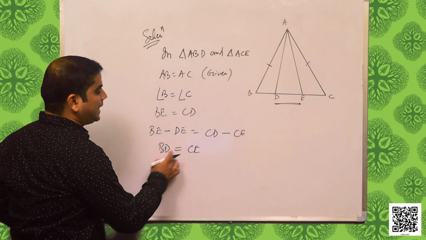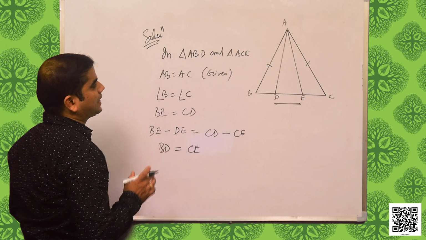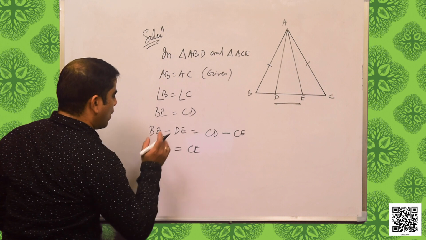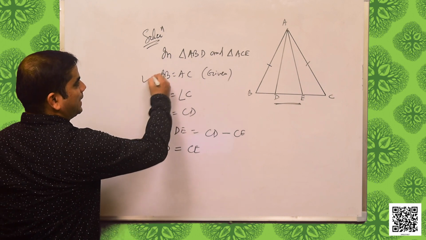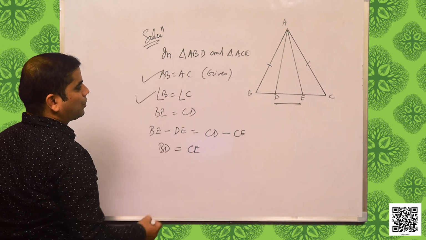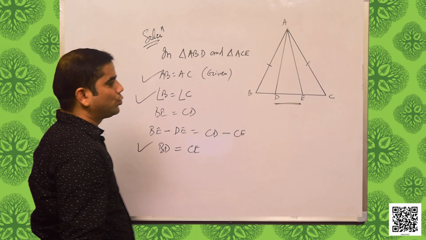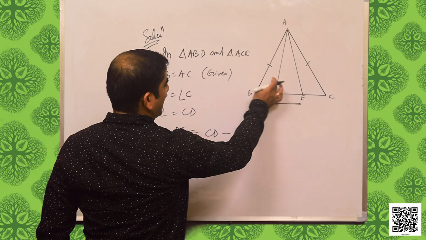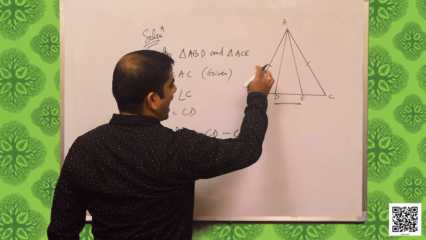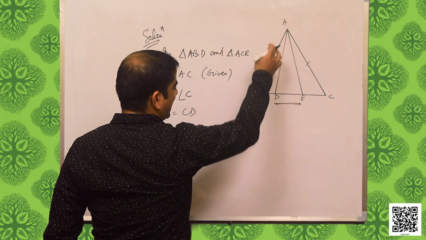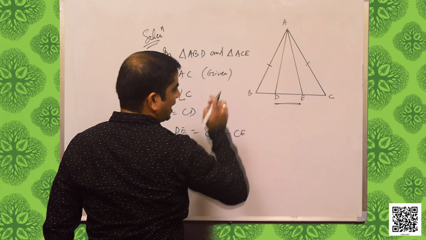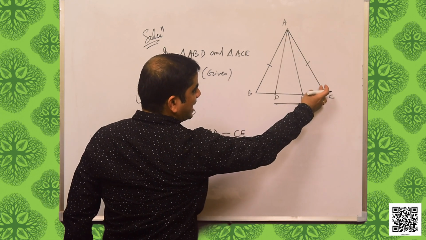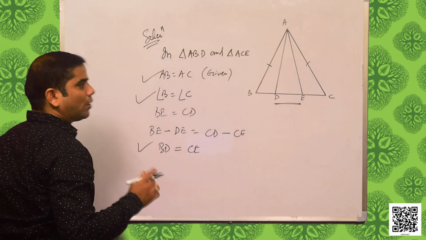Okay. So, if BD is equal to CE and we concentrate on triangle ABD and triangle ACE, we have found that AB is equal to AC, angle B is equal to angle C, and BD is equal to CE. That means we have two sides and the included angle: sides AB and BD and included angle B in triangle ABD, and sides AC and CE and included angle C in triangle ACE, equal to each other.